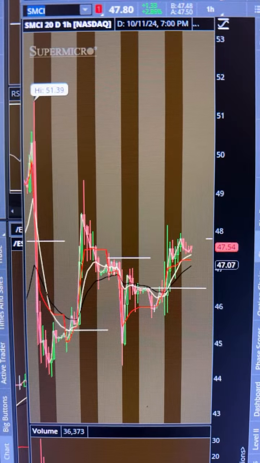I'm going to give you the SMCI level if you all want it. I see one here. It's only a bounce level that I really like, though. Keep in mind, I don't trade individuals often, but this level looks solid. It's going to be a good demand level.